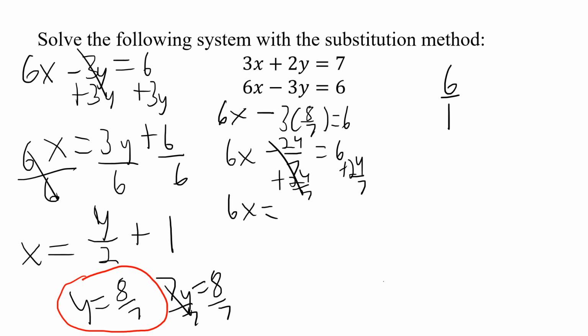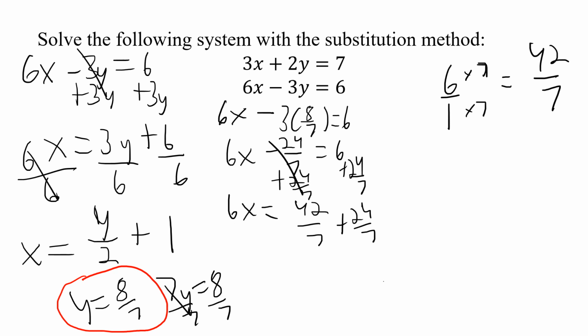To make it over 7, we multiply the top by 7, we multiply the bottom by 7, and we get 6 times 7 is 42. So we get 6x equals 42 over 7 plus 24 over 7. Now, 42 plus 24 is just going to wind up being 66. So we get 66 over 7.